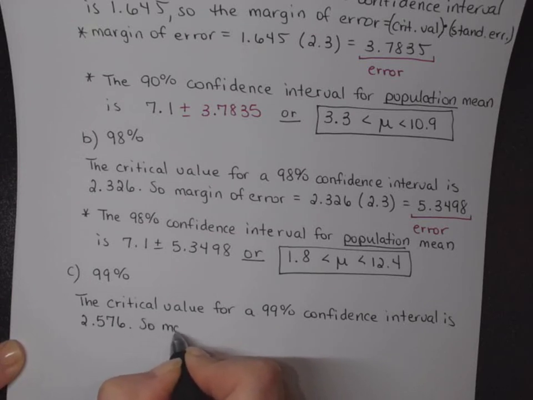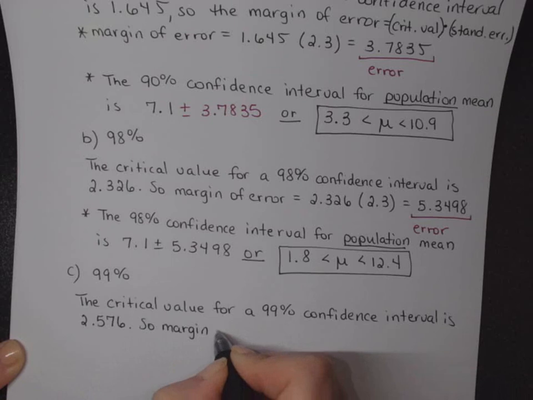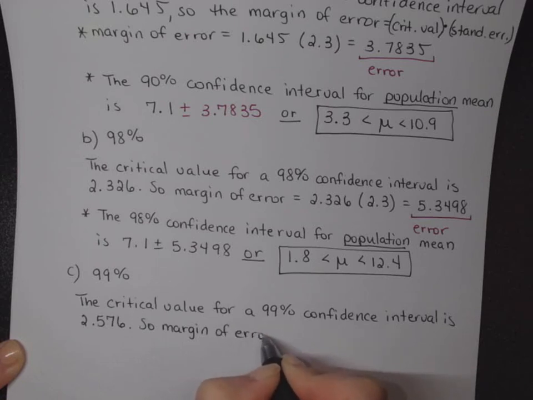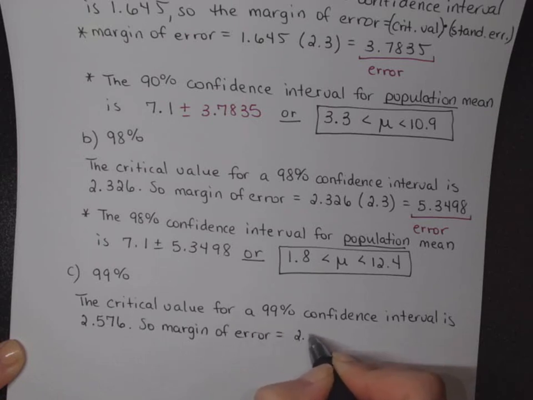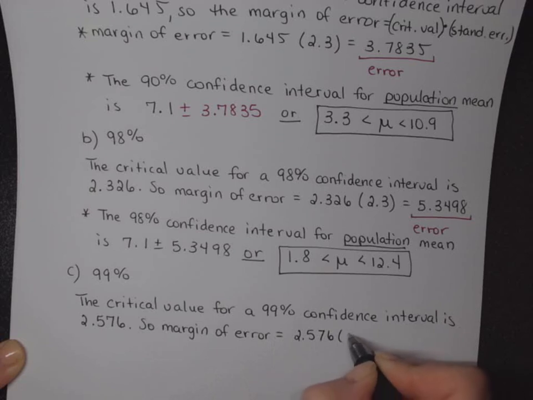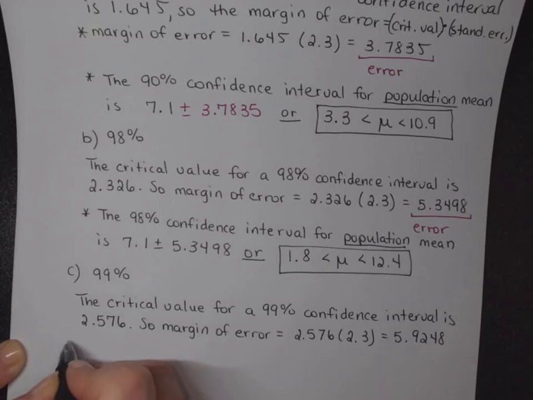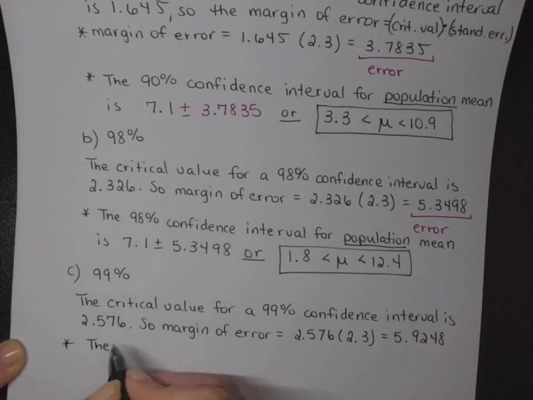So the margin of error is going to be that 2.576 times the given 2.3, which is 5.9248. And so here is the answer.